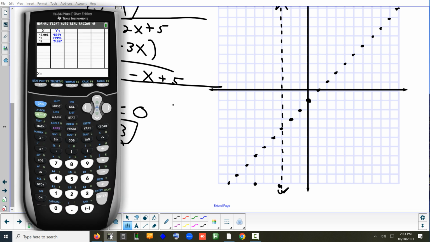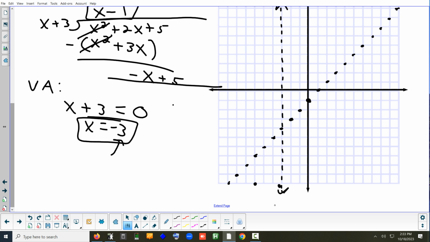What's another x value? Negative 4. Yeah, let's say negative 4 is a good one. Negative 13. That would be even lower than negative 10.